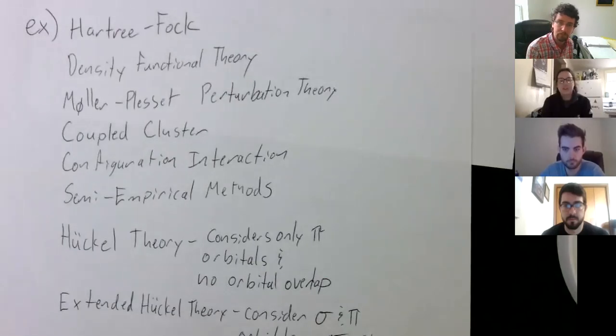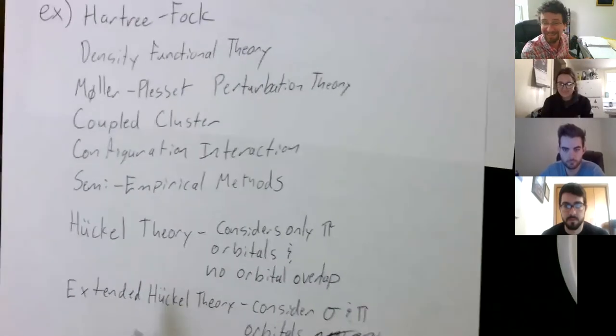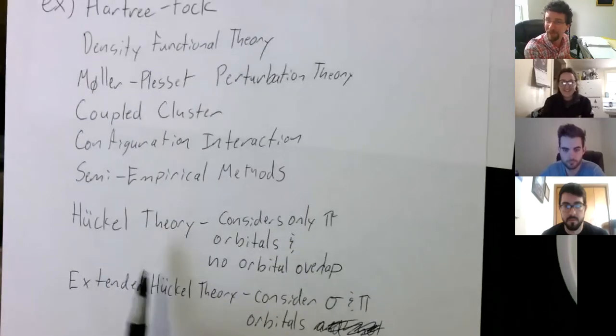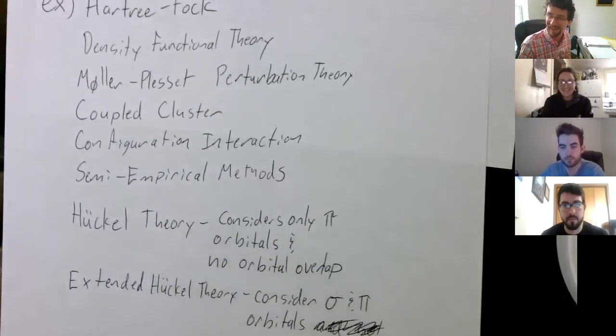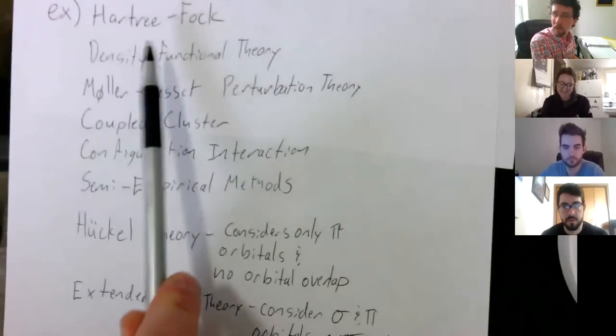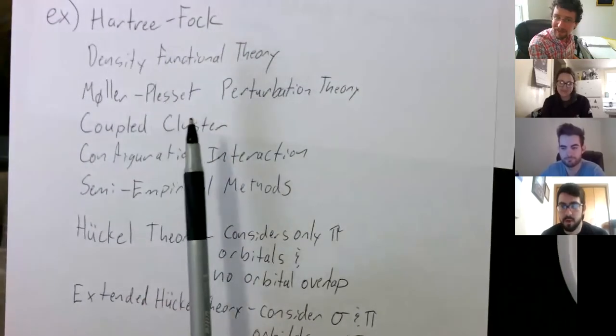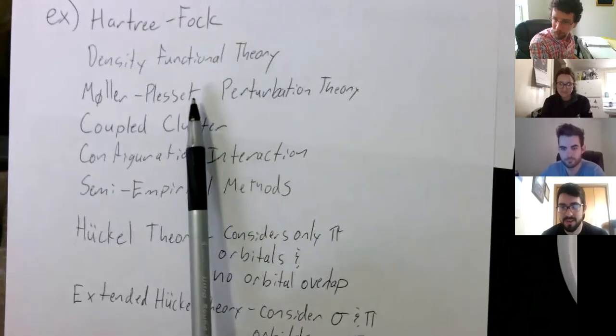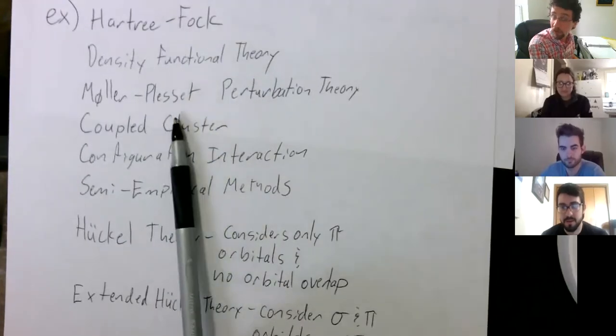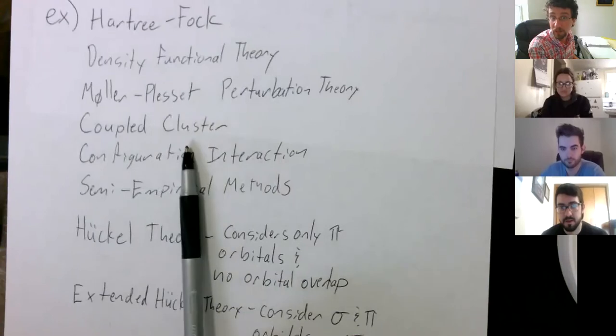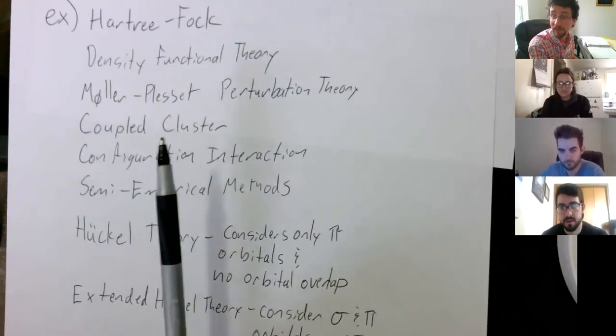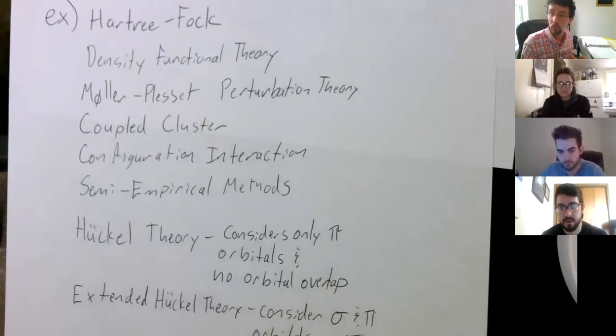Extended Huckel theory? That's the easiest. Well, these two are the easier ones to solve for. We can actually do these ones by HF. HF's okay, it isn't great. Moller-Plesset's a really good one. Coupled cluster's a really good one. And configuration interaction is a really good one too.